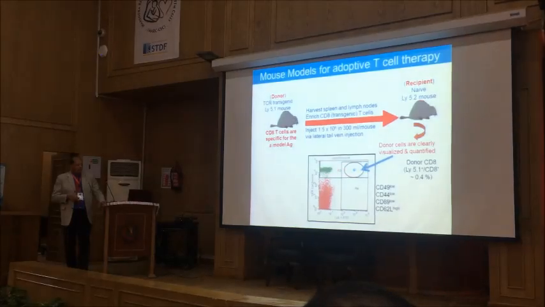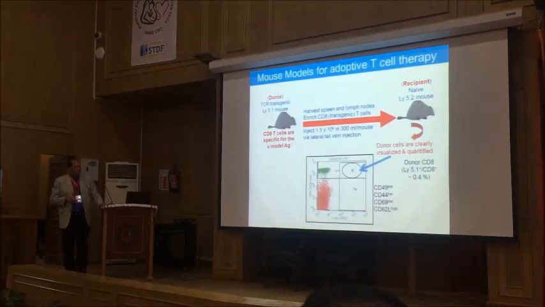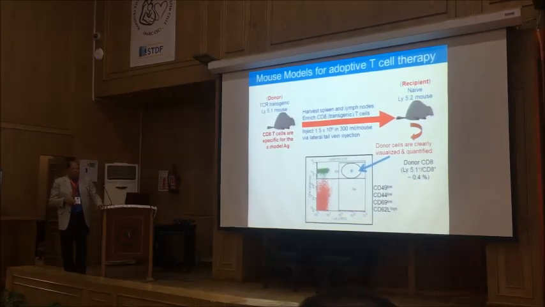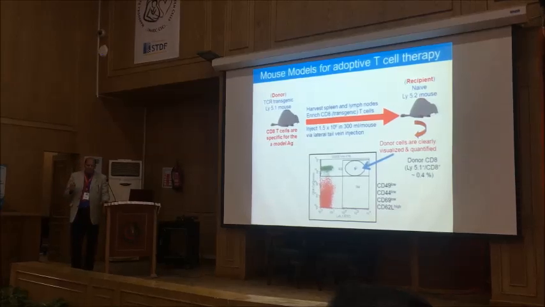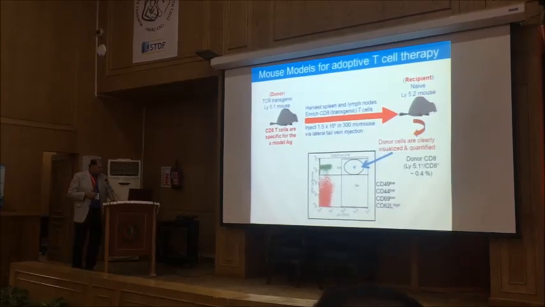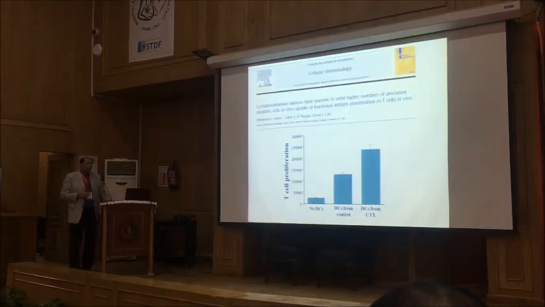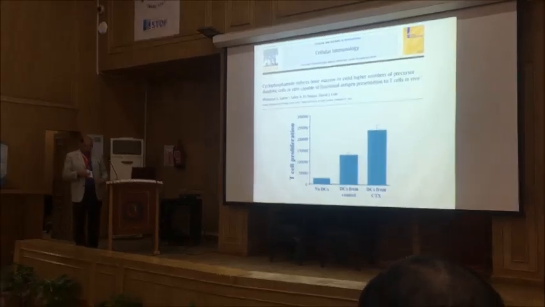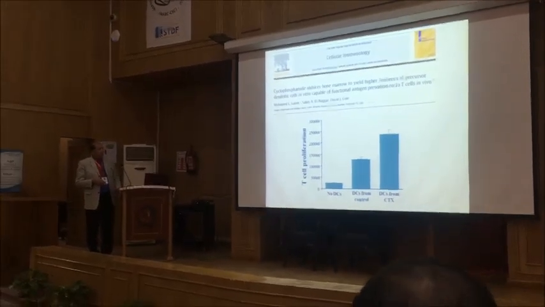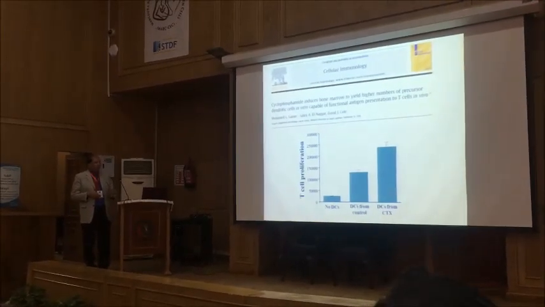So this is the transfer of transgenic cells, and we can, of course, characterize the phenotypes very nicely by flow cytometry.